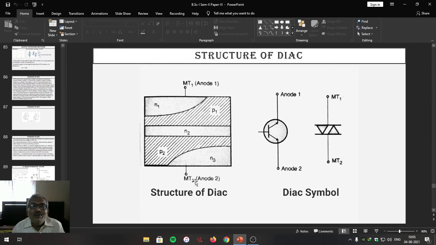And MT2 has a negative terminal, it will forward bias the N3 layer or reverse bias the P2 layer. According to this biasing condition, the working layers are P1, N2, P2, N3, that is PN, PN, acting as one SCR. Under this condition, these are Z1, Z2 and Z3. Now Z1 and Z3 are forward biased, whereas Z2 is reverse biased.